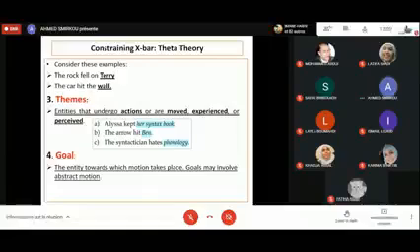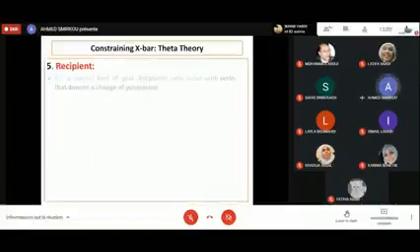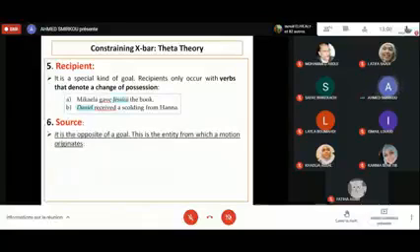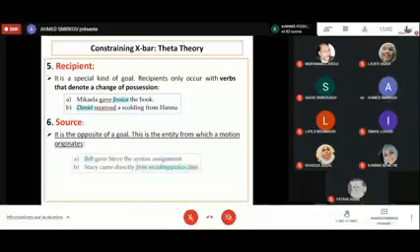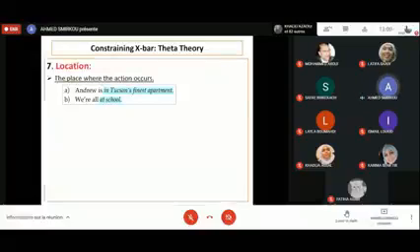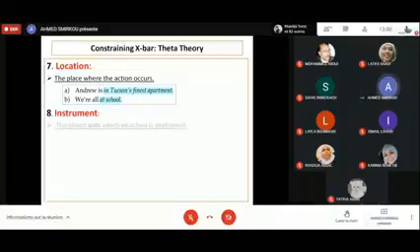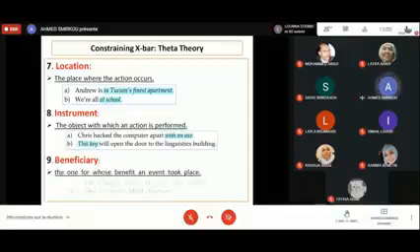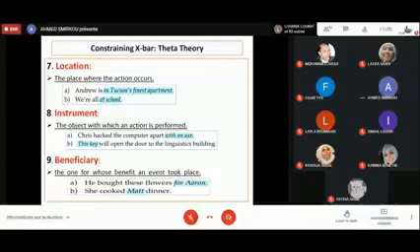And we have the recipient, somebody who receives the action, and the source, the start of the action, the thing or the entity from which an action originates or starts. Location is simply the place where the action occurs. Instrument is simply the object with which an action is performed. And we have beneficiary, the one that benefits from an action. Its difference from recipient is that with beneficiary we have for.